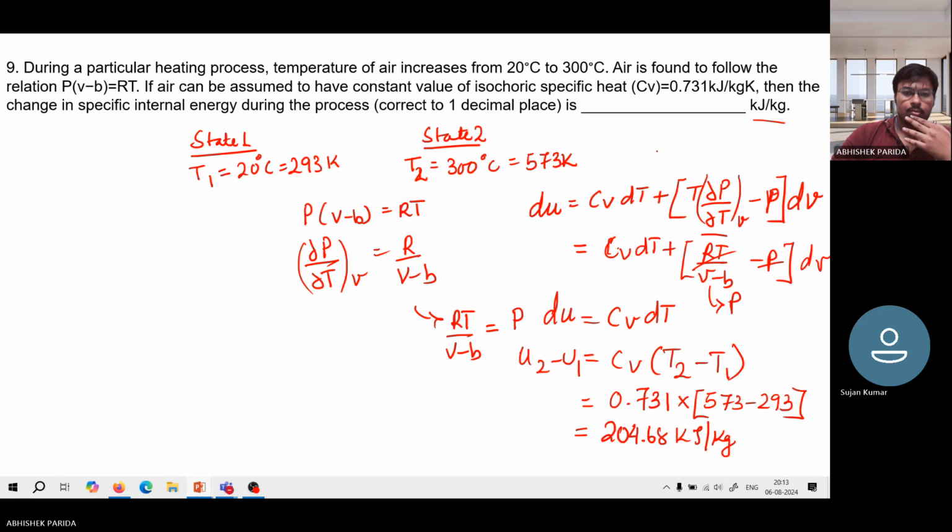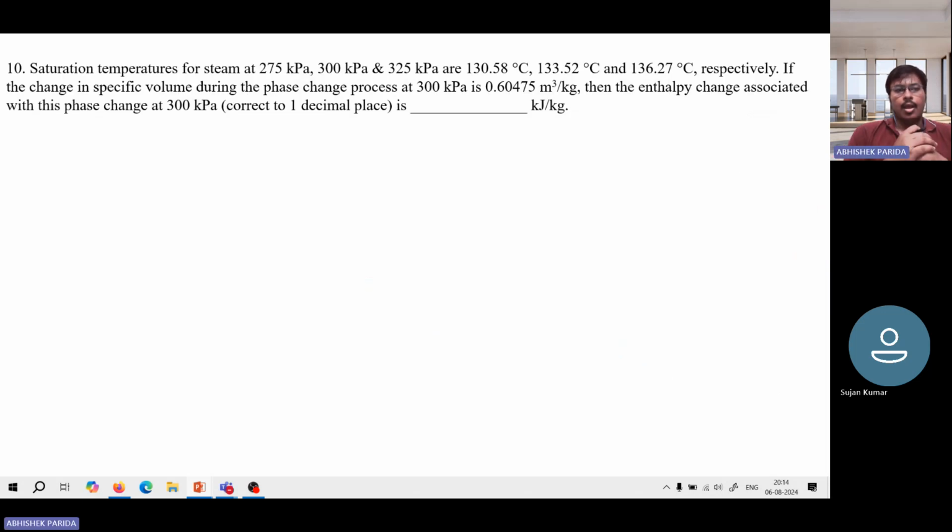Then we'll move to the next question. This is a question on the Clapeyron equation, maybe Clausius-Clapeyron also. Try to solve it. Saturation temperatures for steam at 275 kilopascal, 300 kilopascal, 325 kilopascal are given respectively.